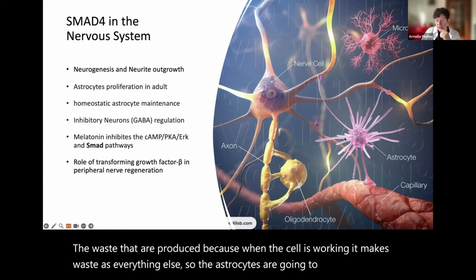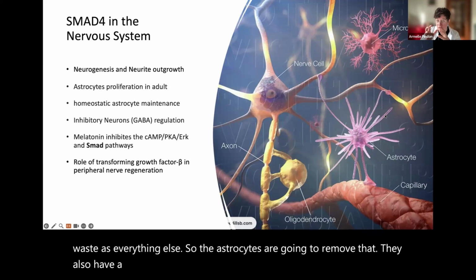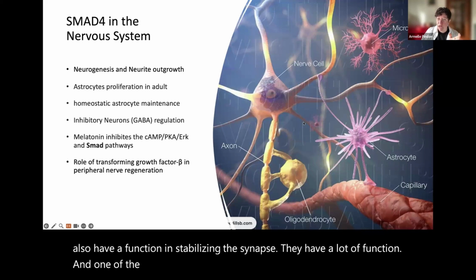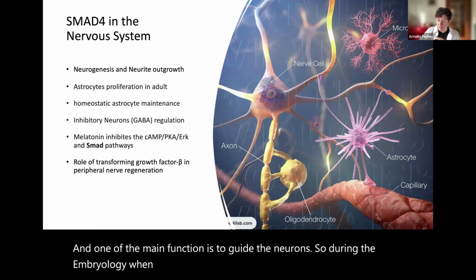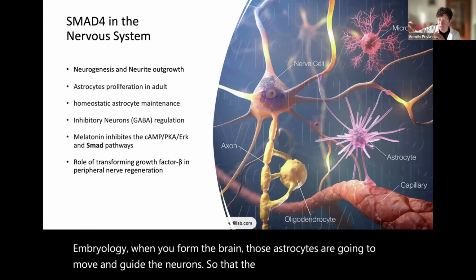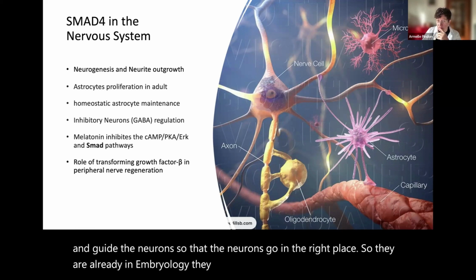They also stabilize the synapse. One of the main functions is to guide the neurons. During embryology, when you form the brain, those astrocytes move and guide the neurons so that the neurons go to the right place. So in embryology, they are really fundamental.